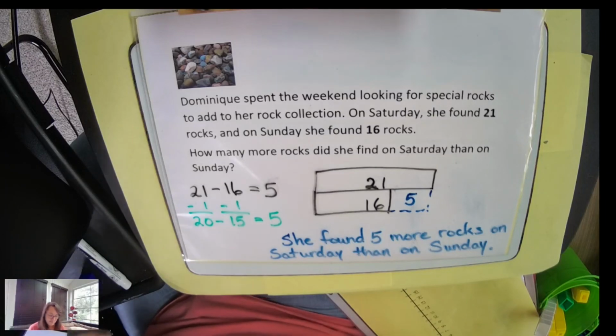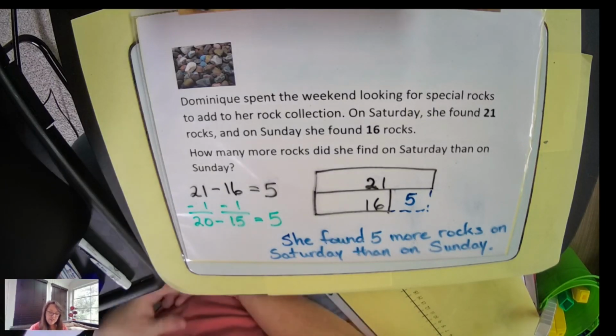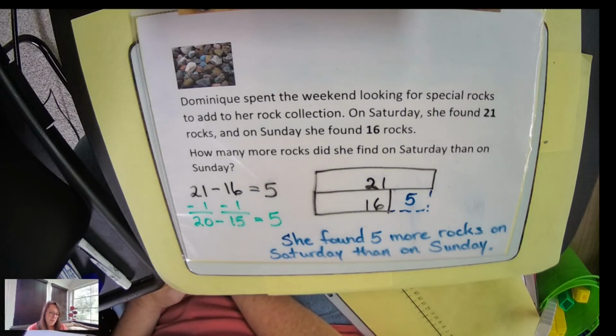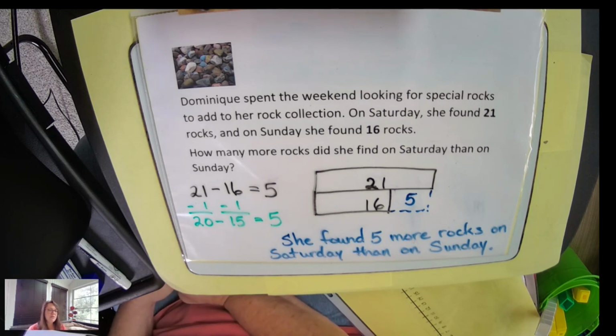Very good. Now, of these strategies that we've been using to subtract numbers, I want you to think of one of those strategies that makes the most sense to you.